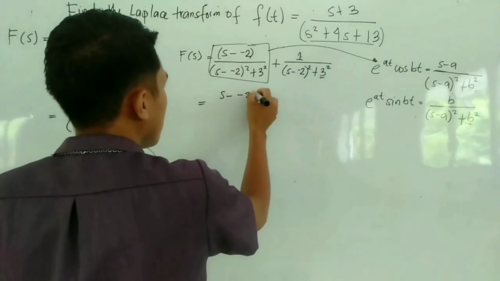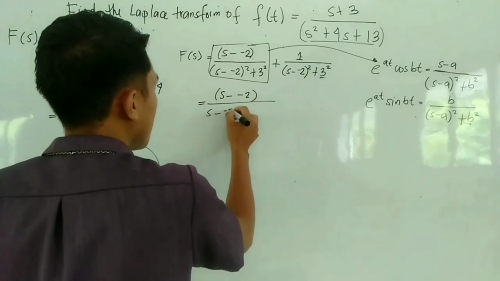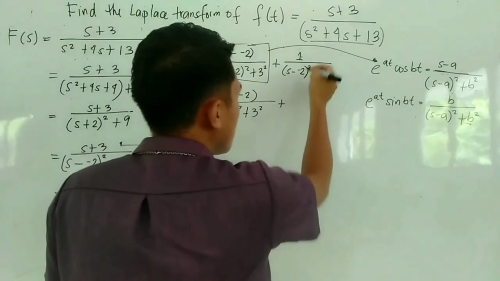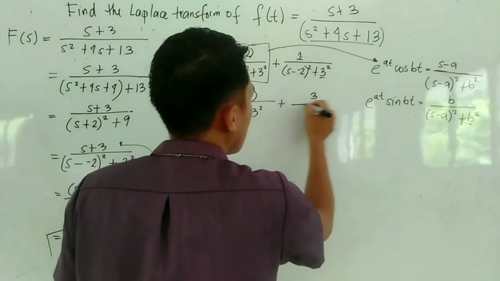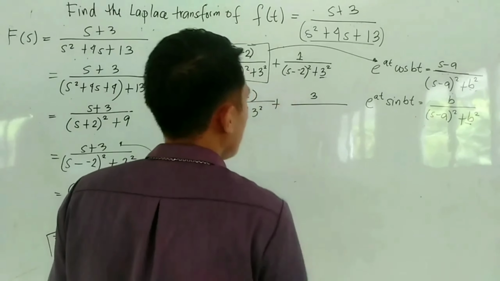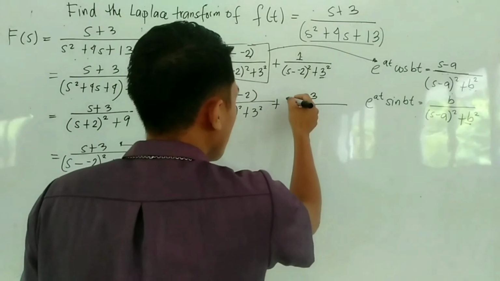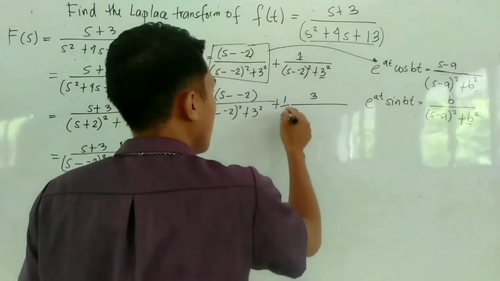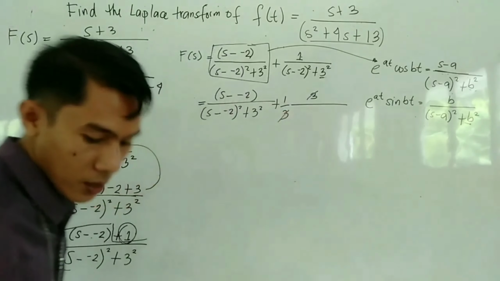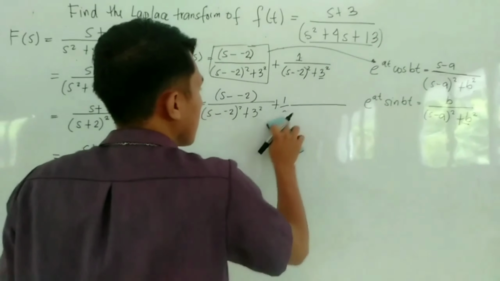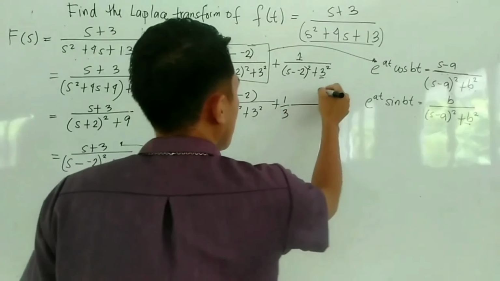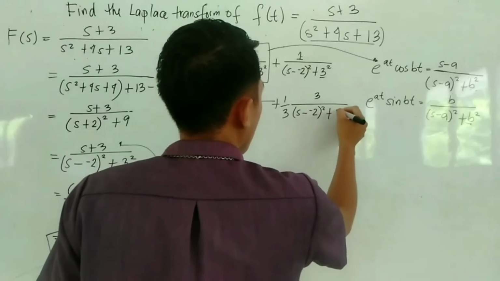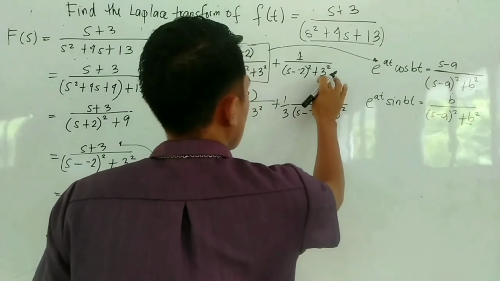To change it, we have to balance it with 1/3, to cancel out. So we have 1/3 times 3 over s minus negative 2 squared plus 3 squared.